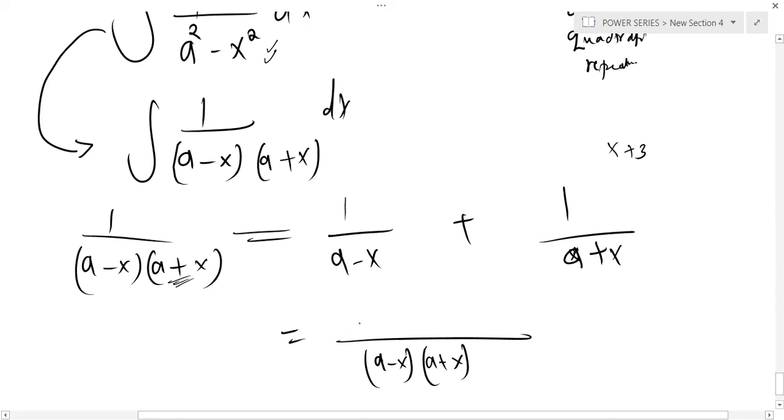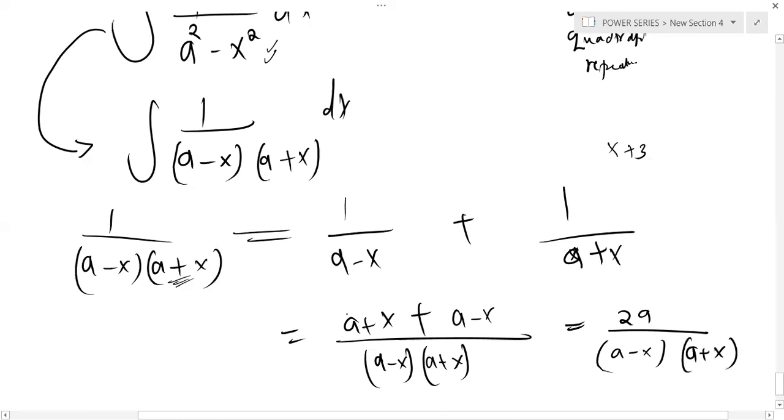A minus x, we will have a plus x here, plus how many times does a plus x go here? We'll have a minus x. So what does that give? A and a will give us 2a, x minus x will give 0. So all this divided by a minus x, a plus x. And this is supposed to be equal to 1 over a minus x, a plus x.